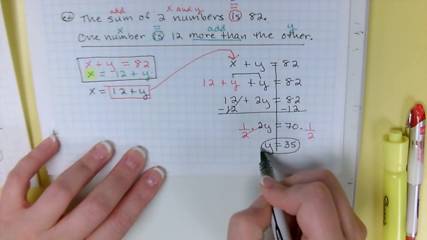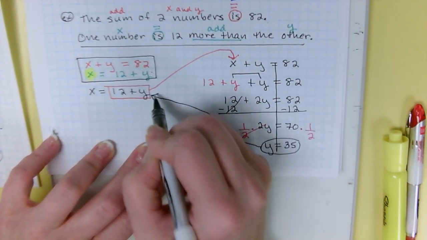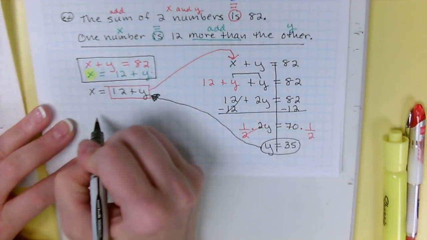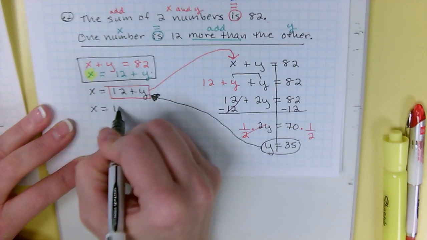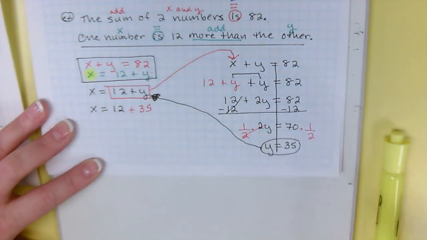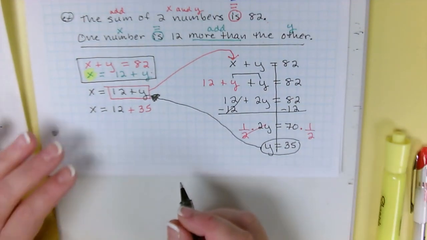Okay, so now we take what we got, which is 35. We substitute it back into the first equation, which is this one here in the box. So x equals 12, and instead of plus y, we're going to go plus 35. And 12 plus 35 is 47.